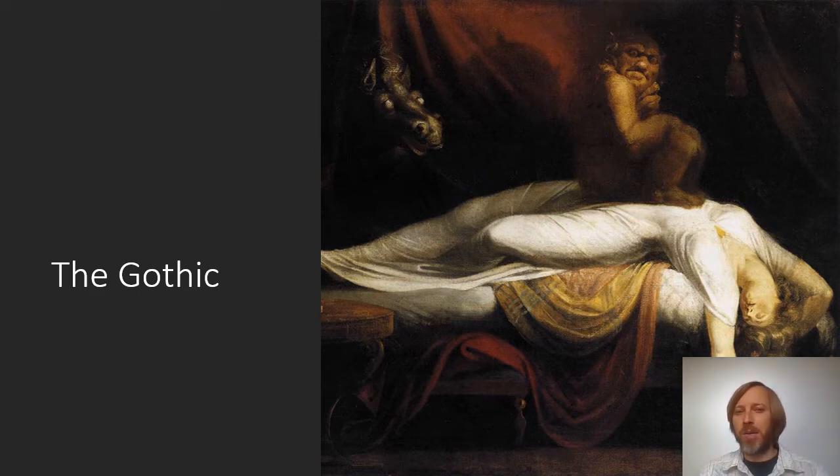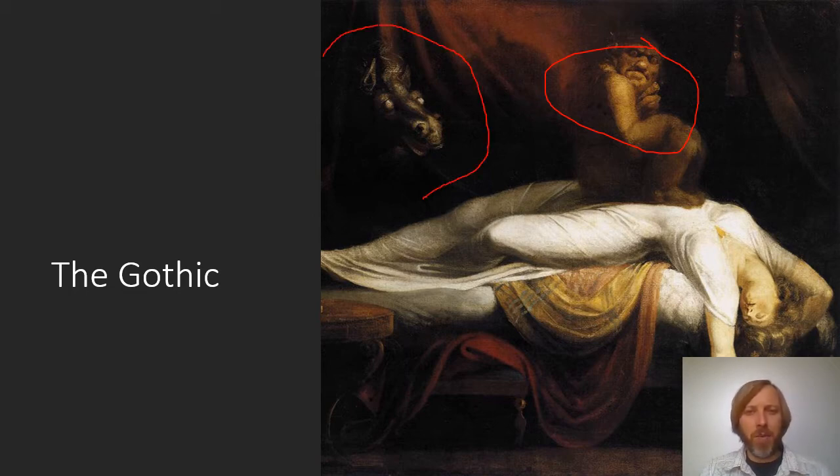It creates symbols. First of all, a very conventional symbol of this sort of demon-like figure that we see here, but I don't know how well you can see it on the screens. But there is something looking in on this scene, and that's a horse. And we can ask, what is the horse doing here? The horse is obviously a symbol.